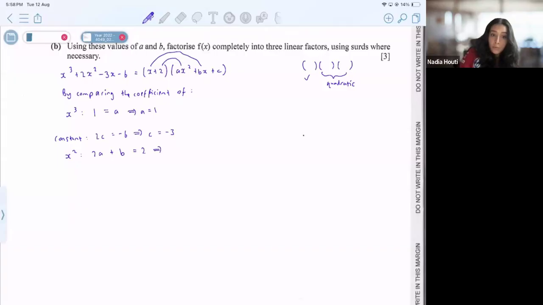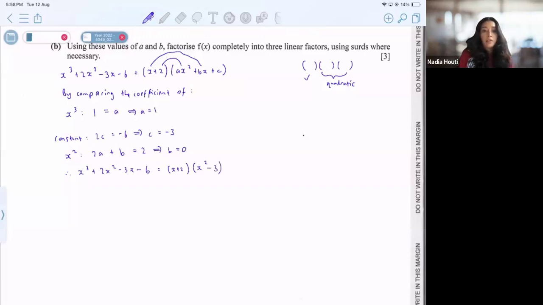So 2 plus b equals 2, that means b is equal to 0. So therefore, your polynomial is equal to x plus 2 times x squared. Since b is 0, there's no x term, and c is -3.